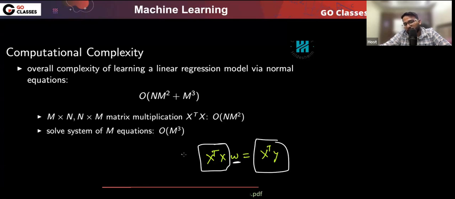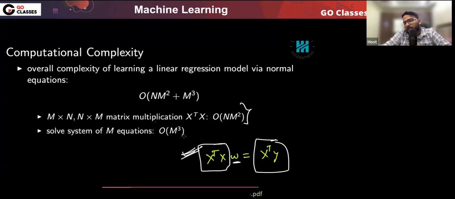Let's suppose the cost of multiplying these two is n m square. If you're not familiar with these notations, don't worry, you will get to know them after data structures and algorithms. What I'm trying to say is that if you multiply these two, the total cost is order of n m square, where the x matrix is m cross n.